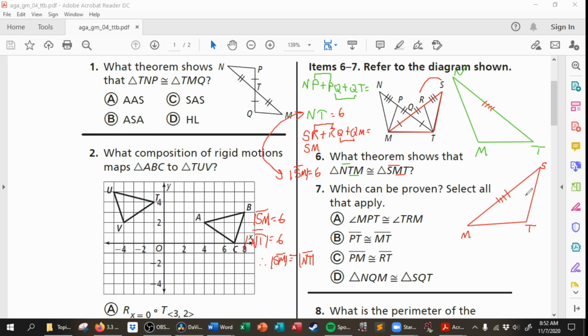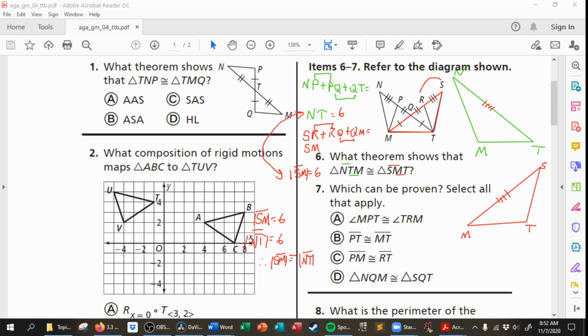Now we need to look at some other stuff here. So now we know we have a side congruency. What else can we find out from these two? Well, here's a really nice convenient one. Both of these have MT. Let me change colors since we're talking about a different part of it.